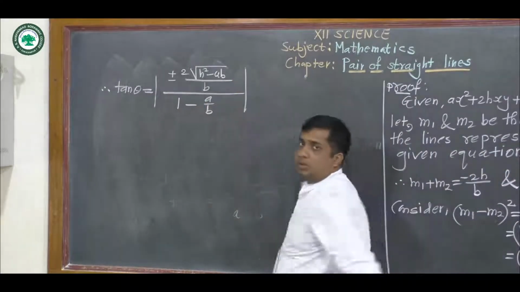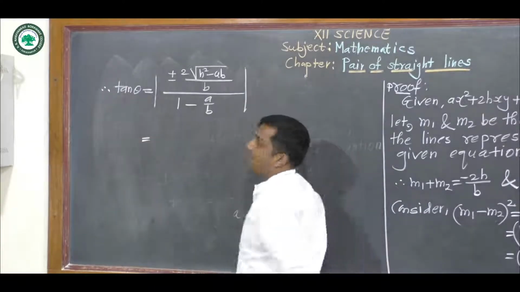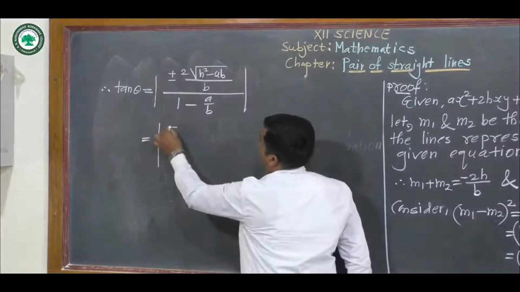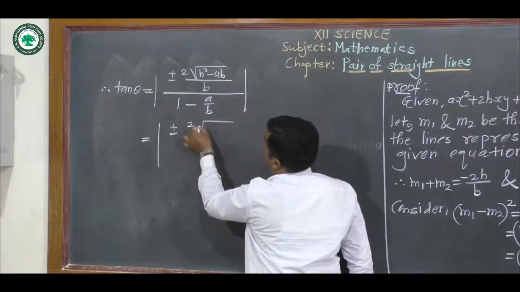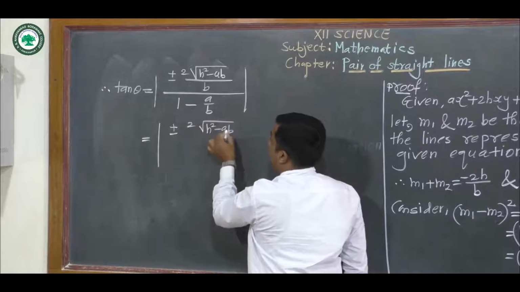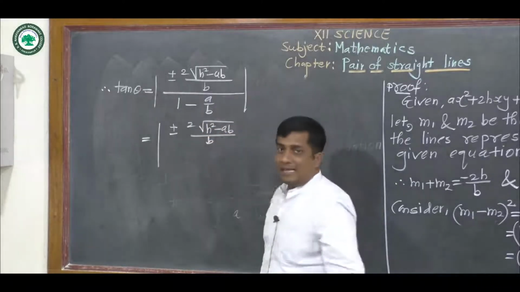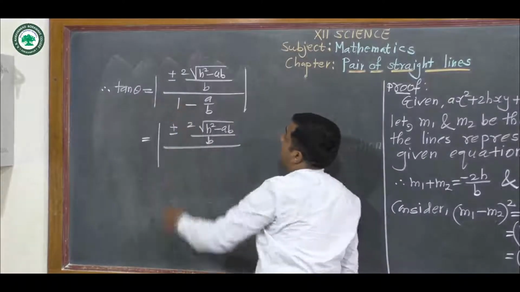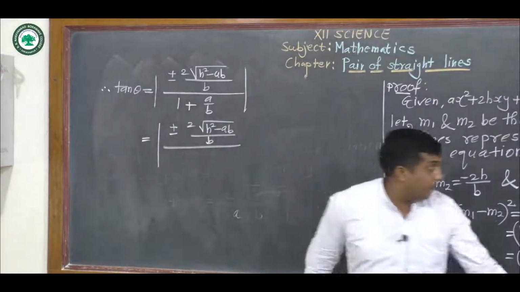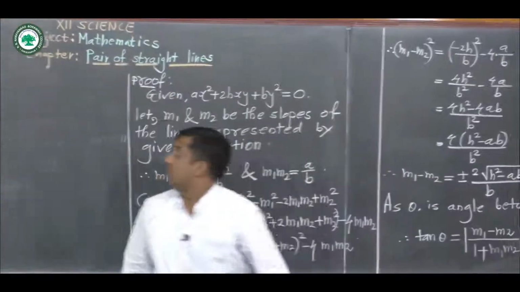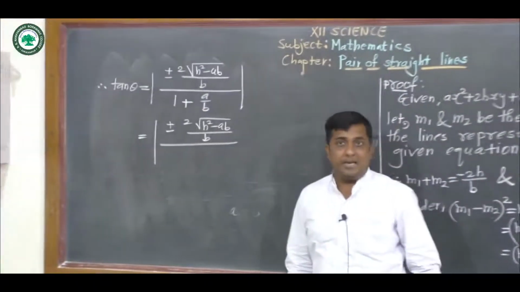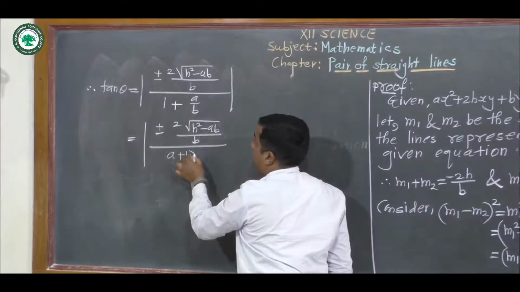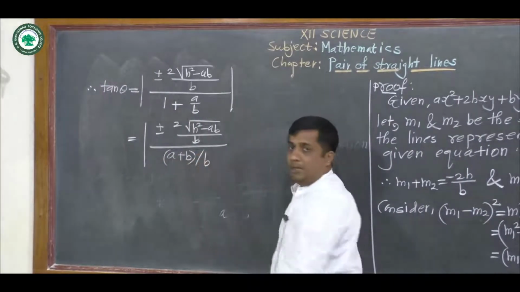Okay. Now this is equal to, inside the mod, plus minus 2 into square root of h square minus ab, divided by b as it is. Then in the denominator we have 1 plus a upon b, and 1 plus a upon b is a plus b upon b.